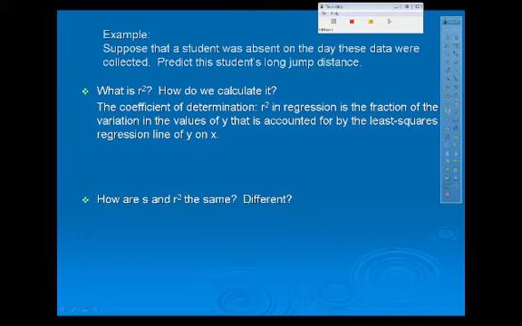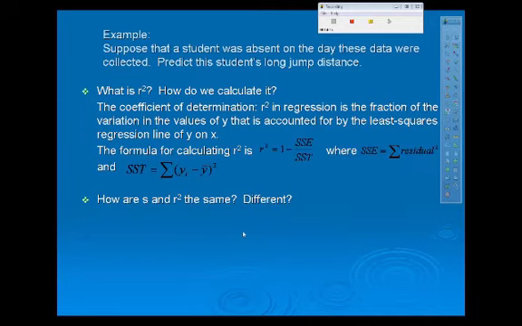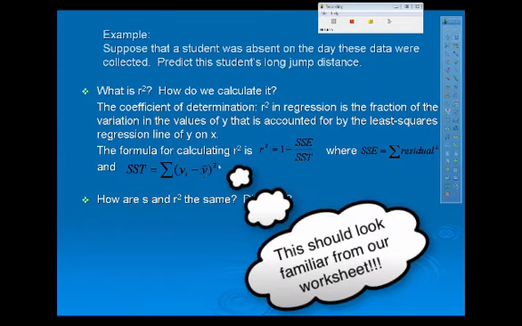We calculate it using this formula. R squared is equal to 1 minus SSE over SST, where SSE is the sum of all the residuals squared, and SST is the sum of all the y's minus the mean, quantity squared.